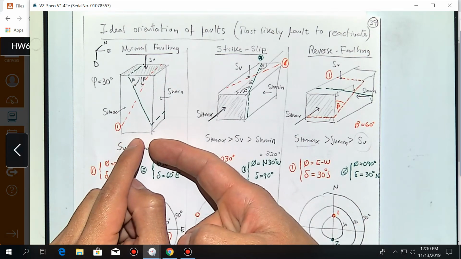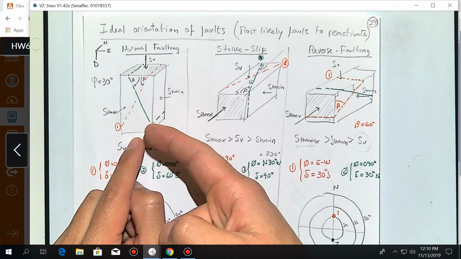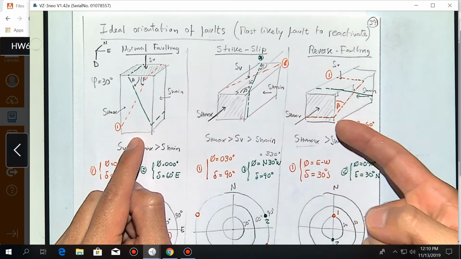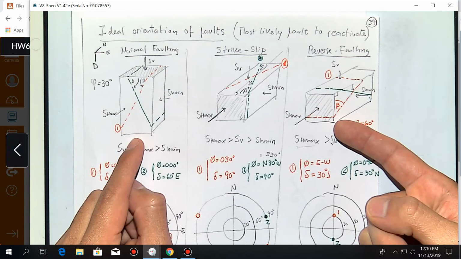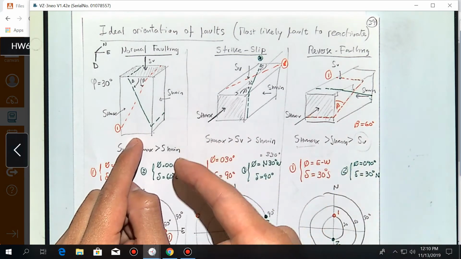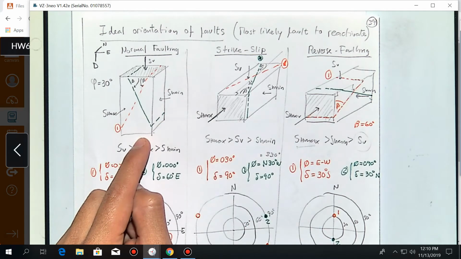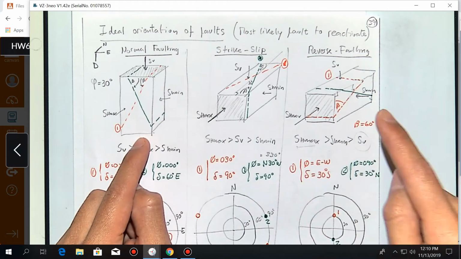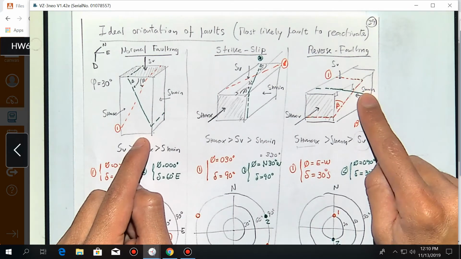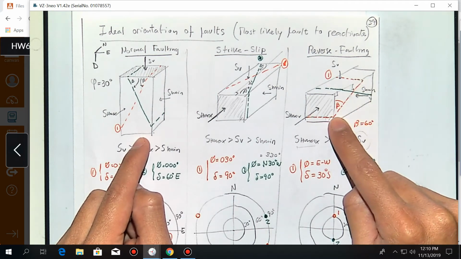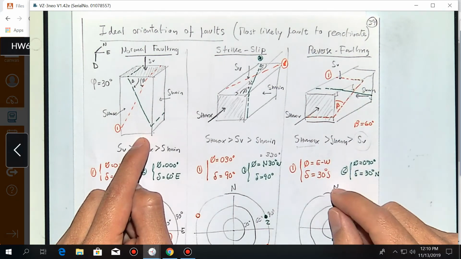And this is going to be with normal faulting, with strike slip, and with reverse. In ideal conditions, a normal fault is going to be relatively steep with an angle of about 60 degrees. A reverse fault is going to be relatively gently dipping with a dip of about 30 degrees.